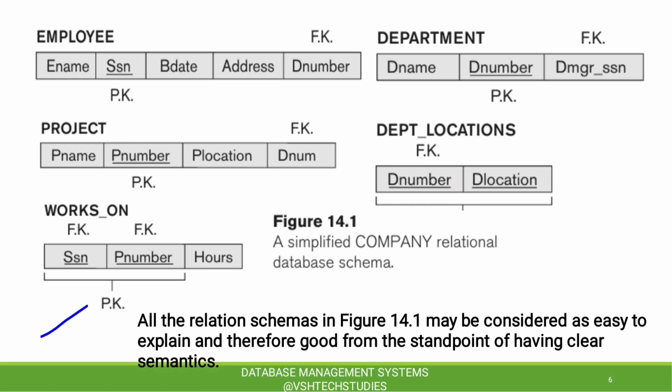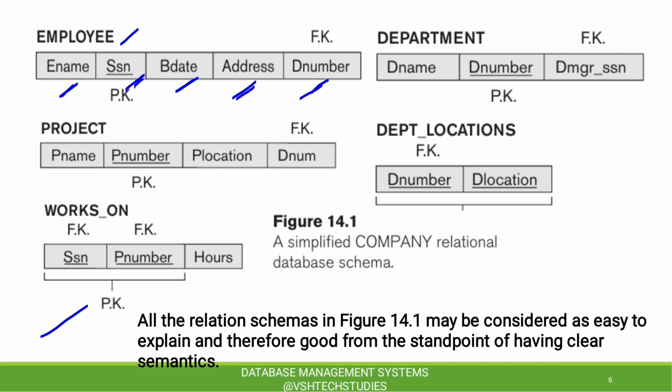This figure shows a set of relation schemas which are formed according to guideline 1. For example, the employee relation schema: E-name, SSN, B-date, address, D number. These all belong to the properties of the employee entity type only, because E-name means employee name, SSN is the employee social security number, B-date is the birth date of the employee, address is the address of the employee, and D number is the department number to which that employee belongs.